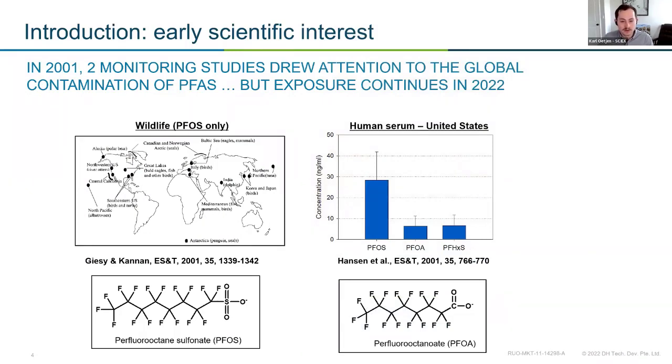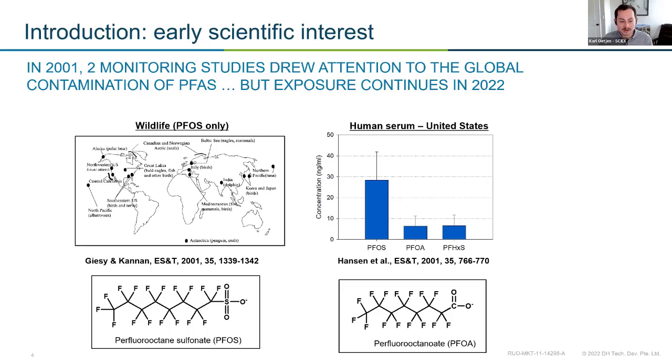In 2001, there were 2 notable studies looking at just a subset of PFAS compounds, specifically PFOS and PFOA as well. And they focused on 2 different things. One looked at a more wildlife global approach, so they're looking at PFAS across the globe. What they found was essentially there was PFAS all over the globe, in different mammals, reptiles.